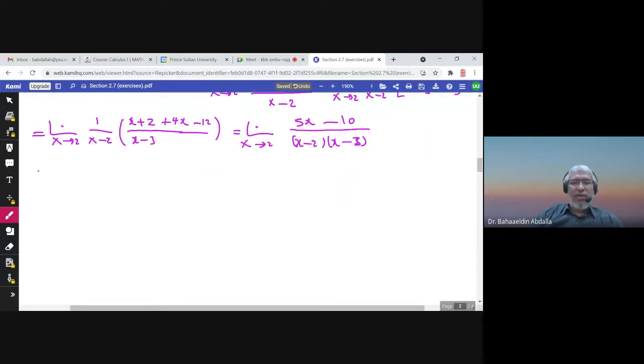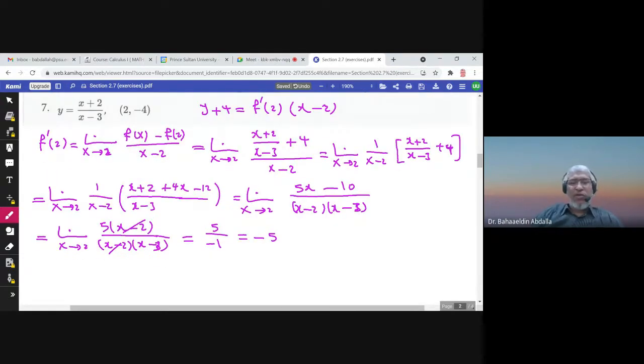Notice that I can take 5 as a common factor from the numerator, and then x minus 2 would be cancelled with x minus 2. And if I replace x with 2, I'll have 5 over 2 minus 3, which is negative 1, and the slope is negative 5. So f prime of 2 is negative 5.